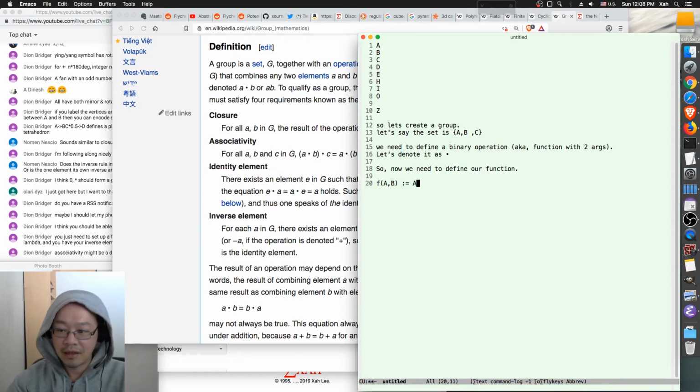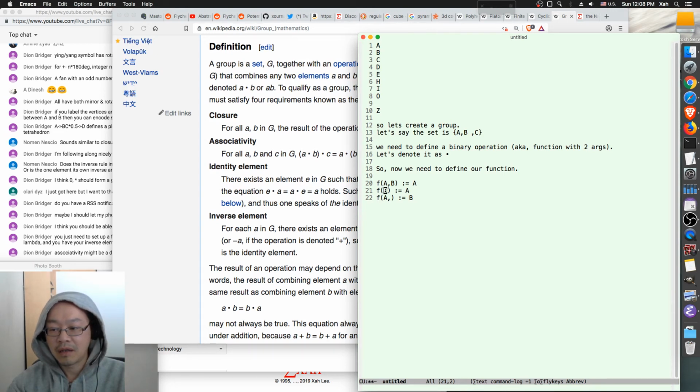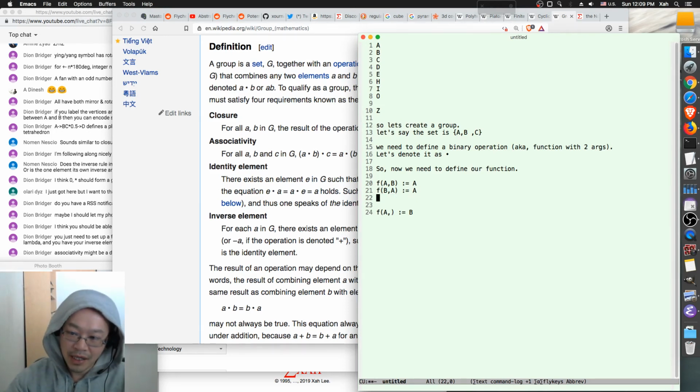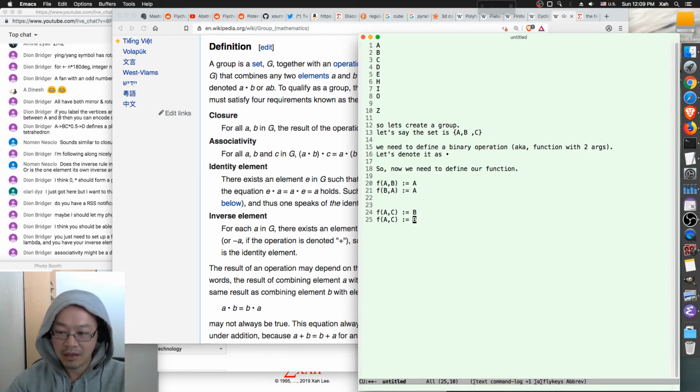Let's say AB, BA equals A. Let's say AC equals B. Let's say CA equals B. And we also need to do CB.